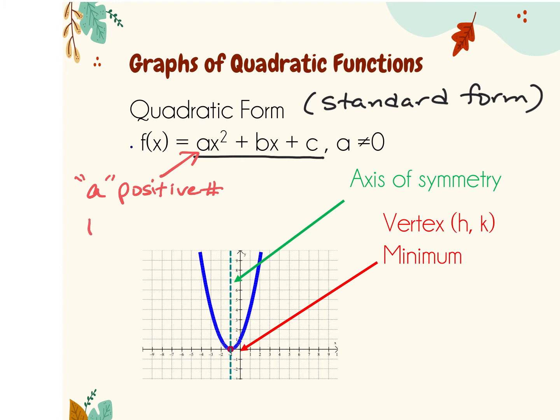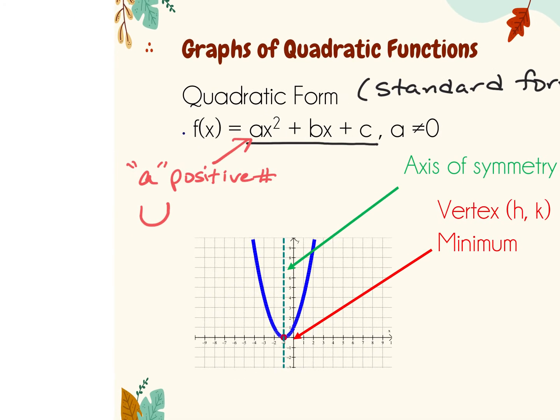It's going to be smiling, opening upward. When the a value is a negative number, then it would be a negative parabola, like a frowning person, pointing downward. So just little things to remember by looking at that.